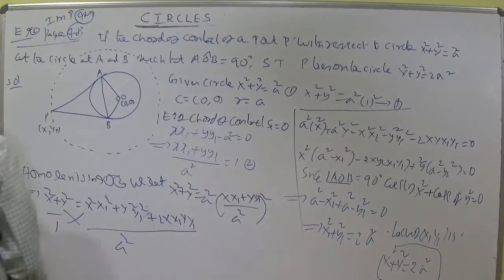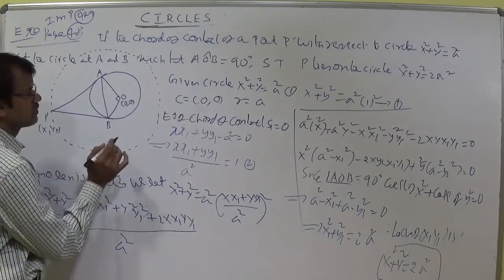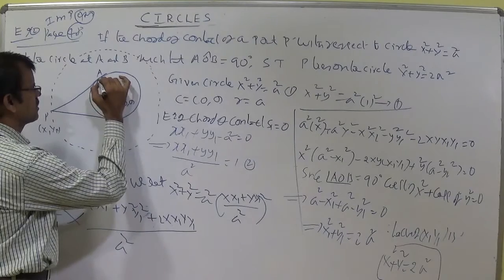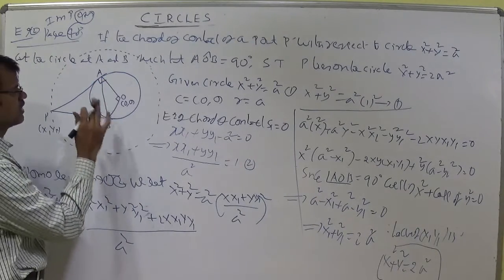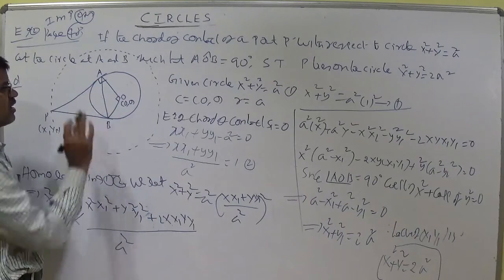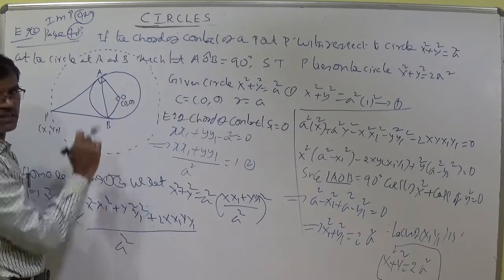This is a 4 marks important question. We can discuss this in another method also. Don't get confused regarding the equation of contact. 90 degrees is given, so at the origin this is 90.